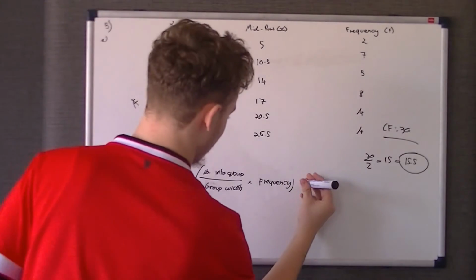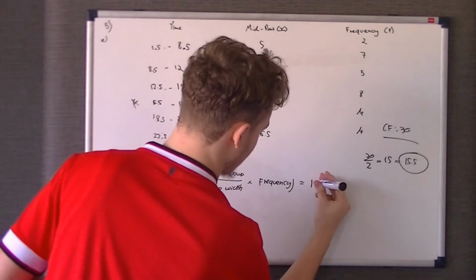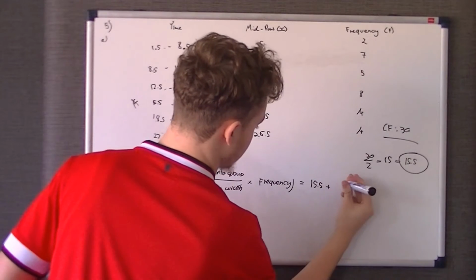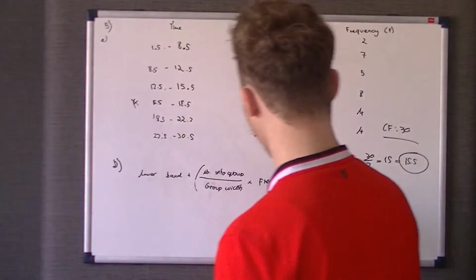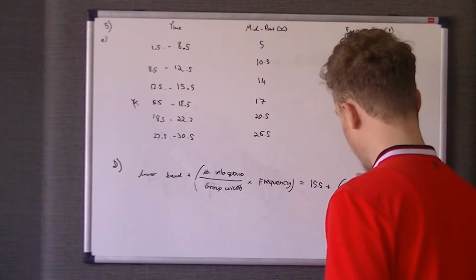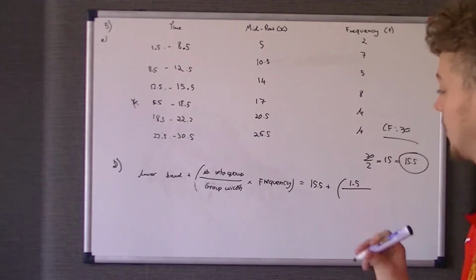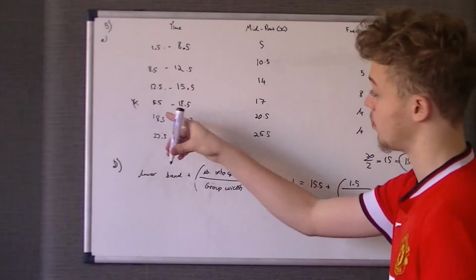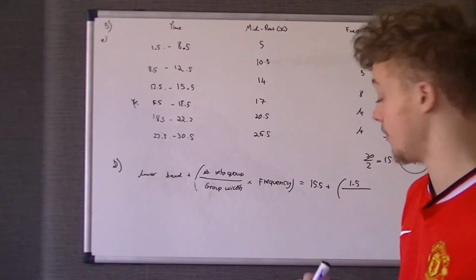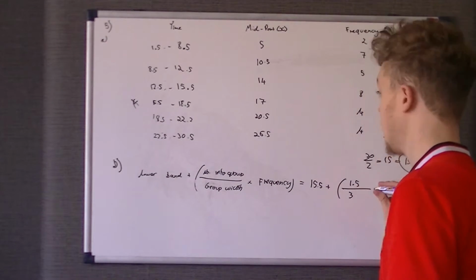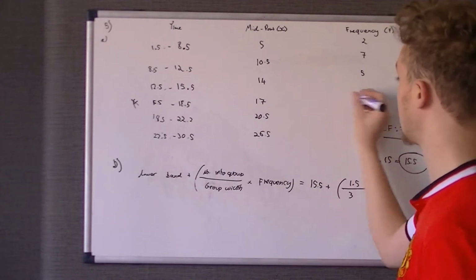The lower bound of that group is clearly 15.5. That's why we needed to split the groups up. It's 1.5 into that group, over the group width, which is 18.5 take 15.5, which is 3, times the frequency of that group, which is 8.